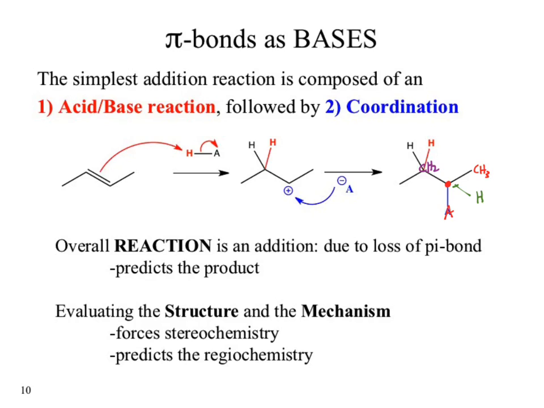Trick question. I get both. Why do I get both? Why do I get two different products? We're saying A could be wedged or dashed.